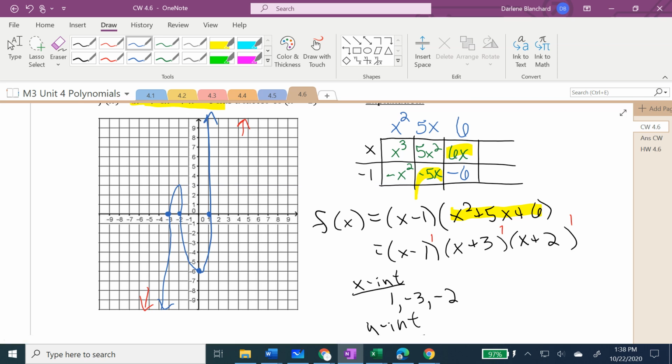I do not expect you to know how high this goes. I just expect you to turn around because you've got to turn around to get back to the x-axis. We do know this y-intercept, but we don't know if it goes further down than that. That's okay. Just make sure to come back to cross the x-axis again.